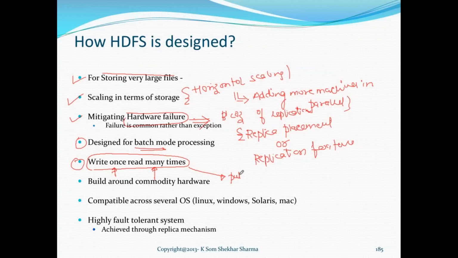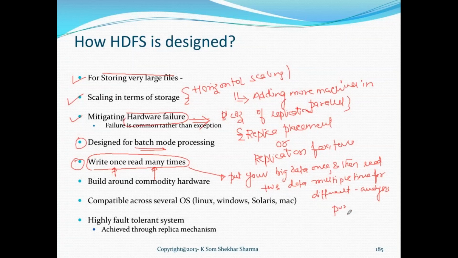So it means that put your big data once and then read this data multiple times for different analysis purposes, right?